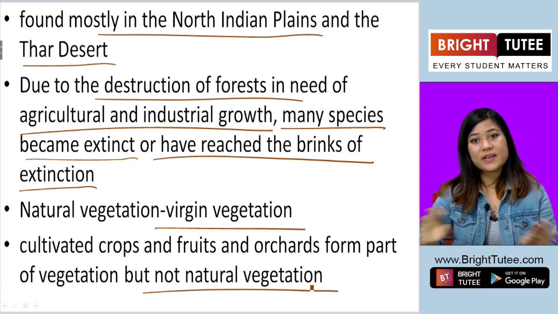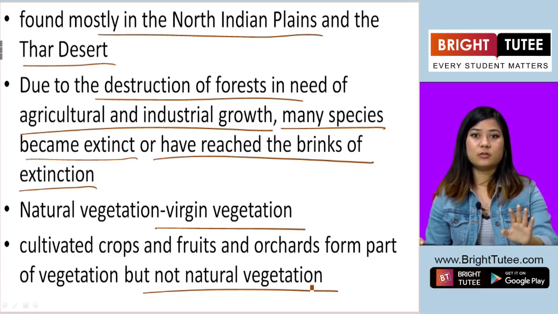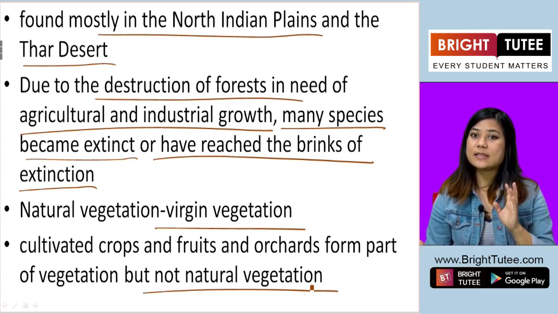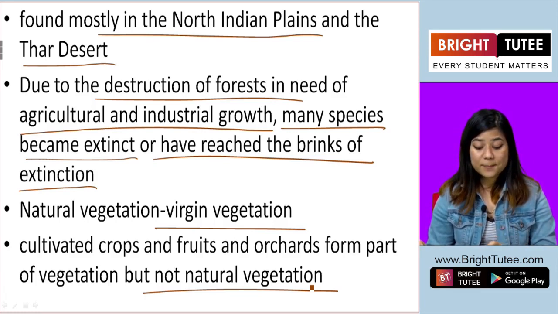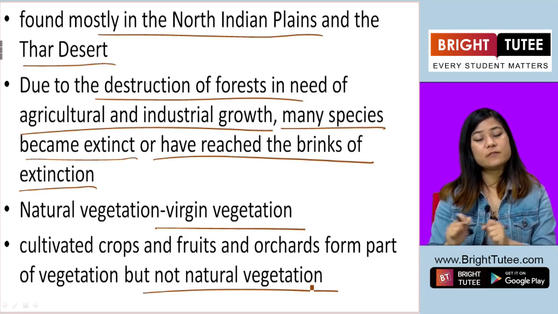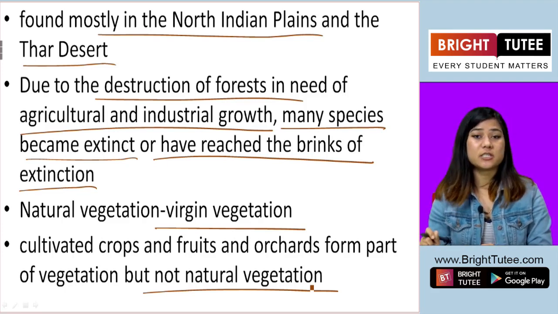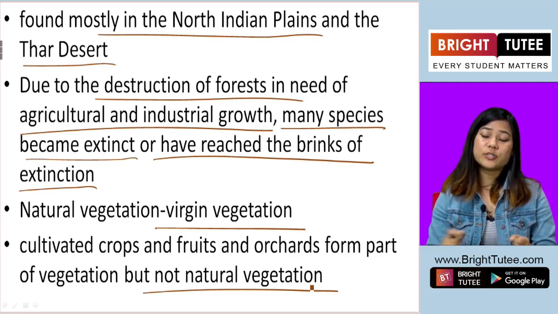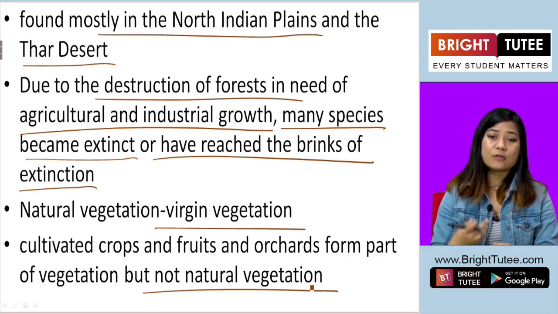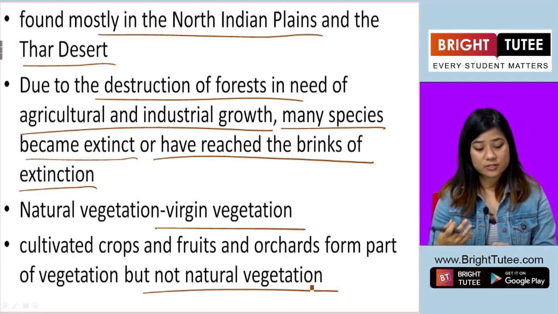So those vegetation, they may look natural, but actually they're not natural. Okay, because we know natural vegetation or the virgin vegetation are those which are grown without any human intervention.